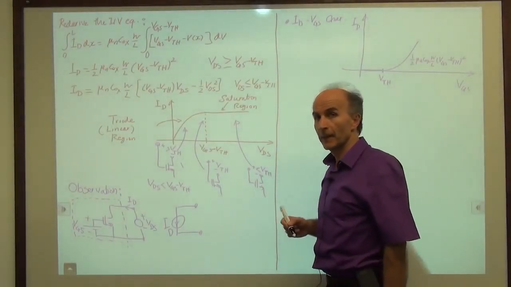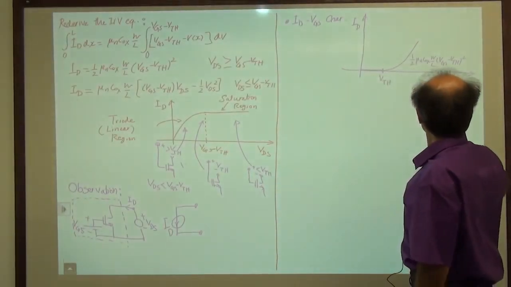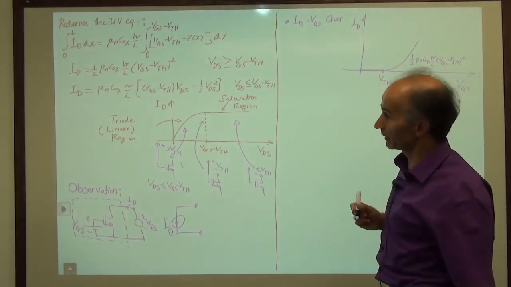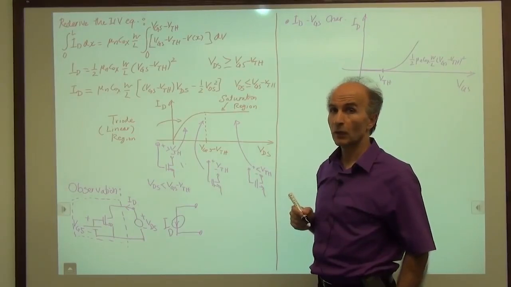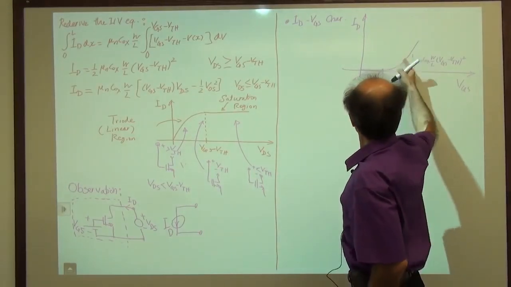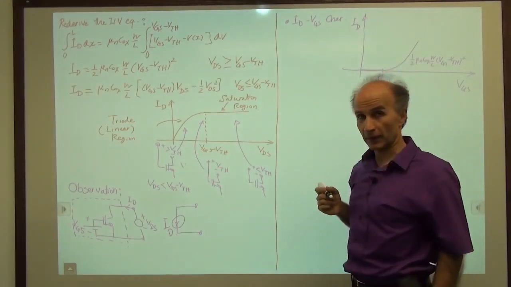Now, if VGS becomes larger and larger, at some point, we don't have this characteristic anymore. But at the beginning, we always have this characteristic.